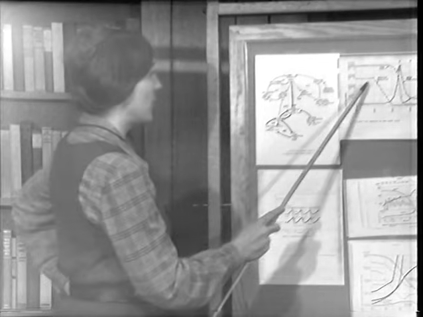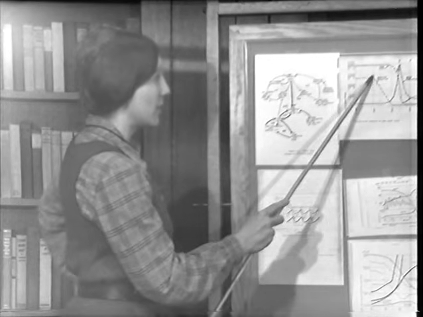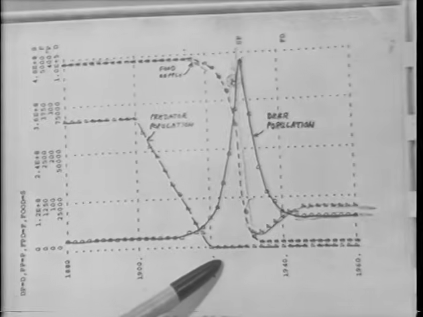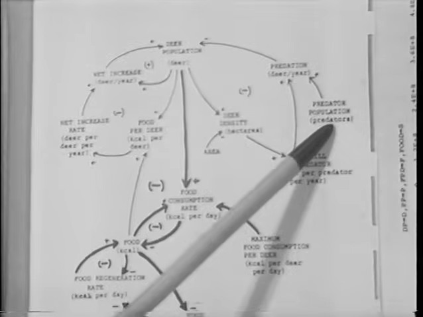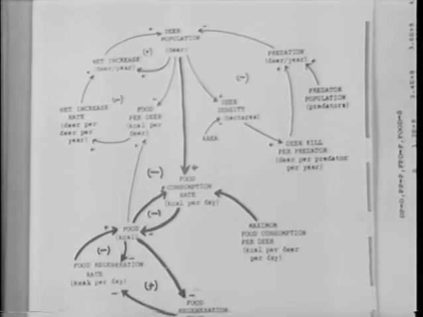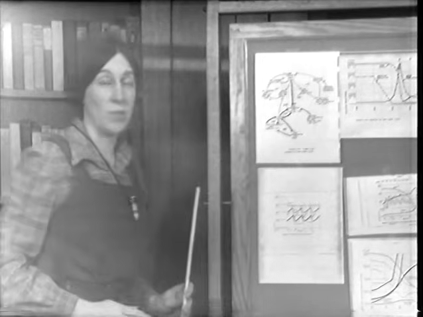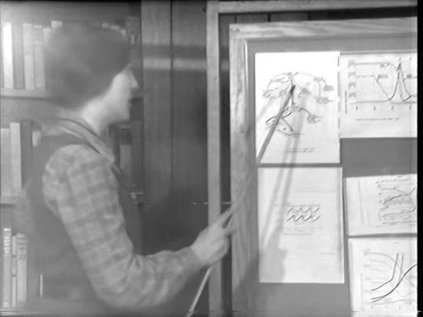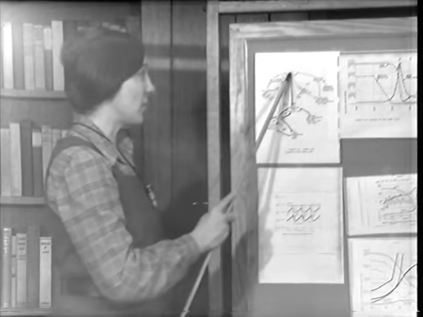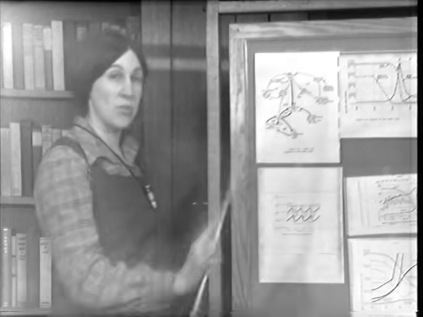Now, what happens when we start bringing the predator population down in this part of the behavior mode? Well, effectively what happens by the time the predator population comes down to zero, this whole feedback loop is eliminated from the system. It's simply not there anymore. It's gone. And therefore, the balance between the positive feedback and the negative feedback is destroyed.